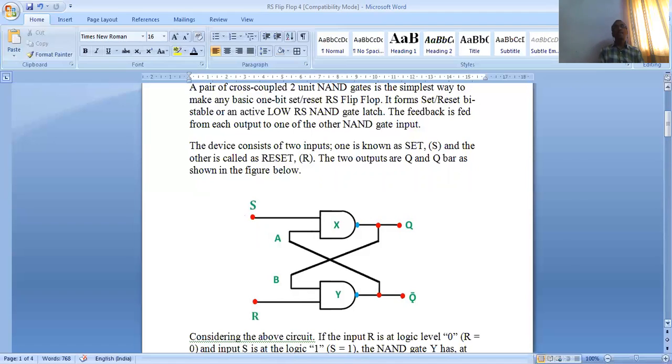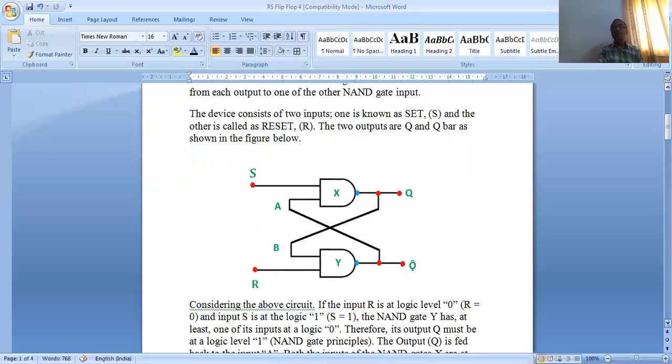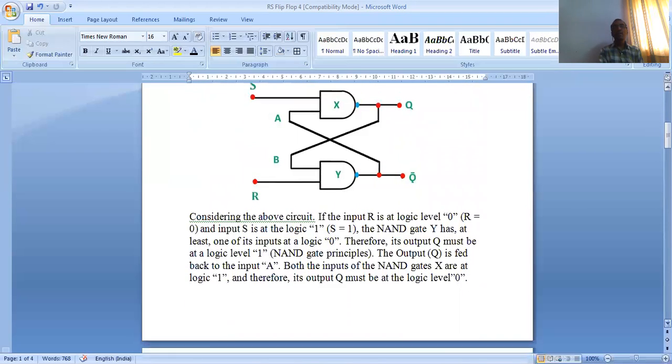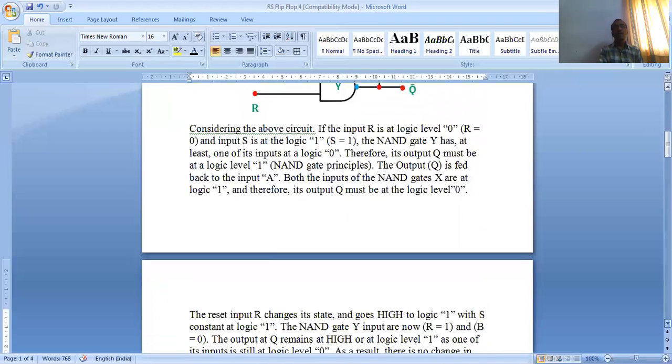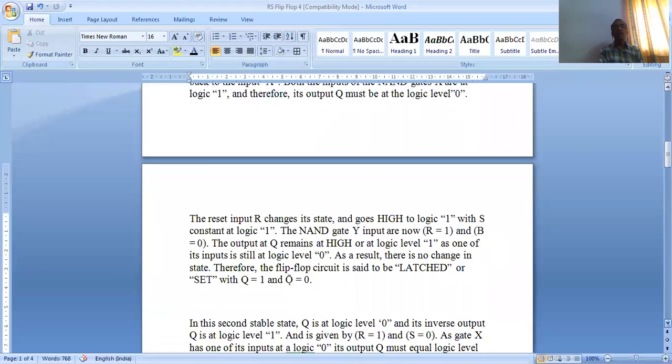Okay, this is the construction of the RS flip-flop. After this construction, we are going to see the working of the RS flip-flop, or the truth table of the RS flip-flop.